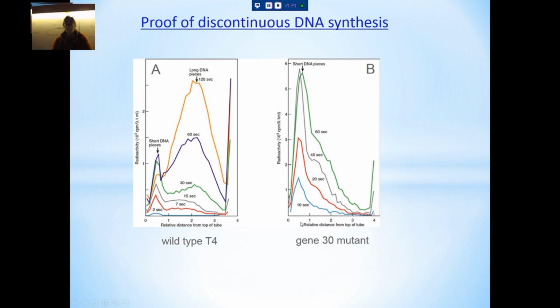And in the mutant, in the absence of a ligase, most of the DNA that gets made are these short fragments. So this was proof that these short fragments that get made on the lagging strand are ligated and joined together in the process of DNA replication.